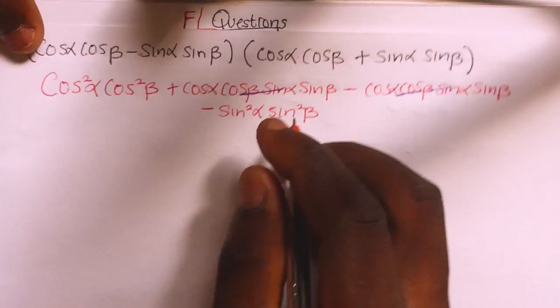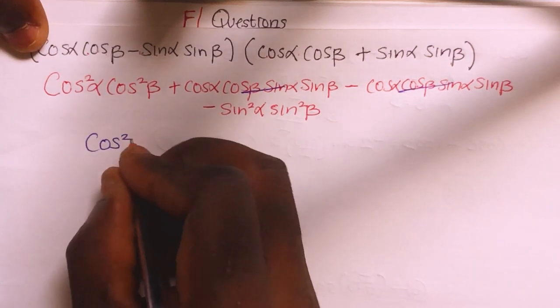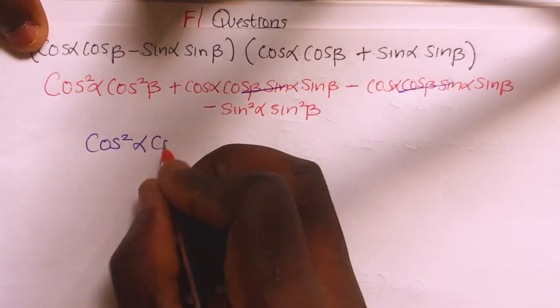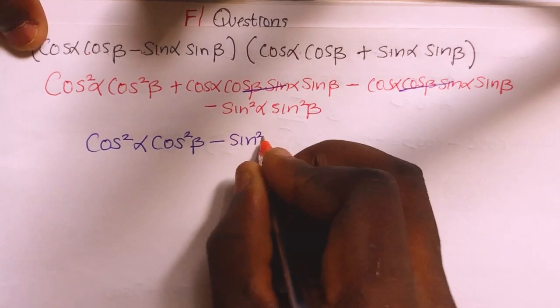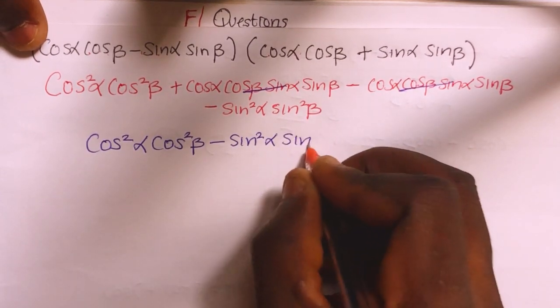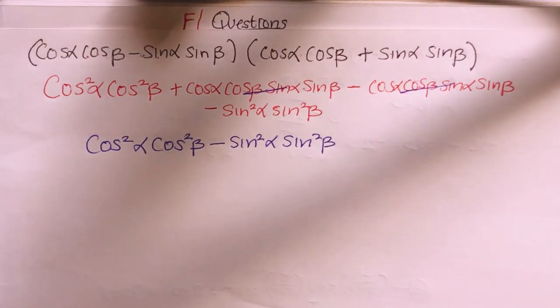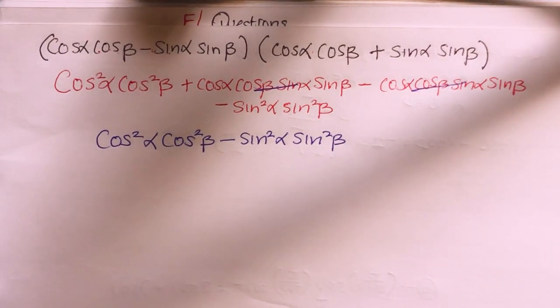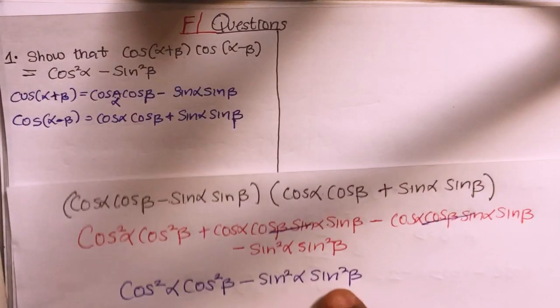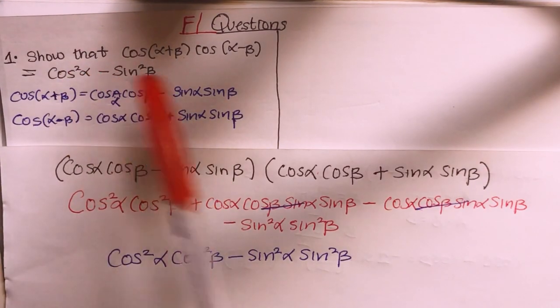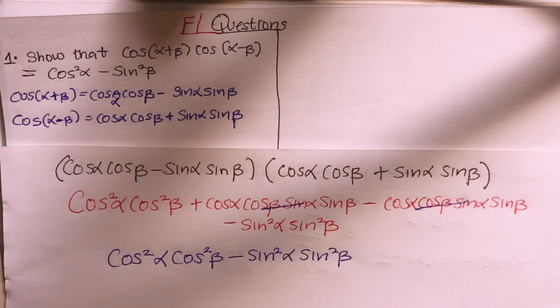If this cancels this, we have cos square alpha cos square beta minus sine square alpha sine square beta. But the question says you should prove that this expression is equal to cos square alpha minus sine square beta.